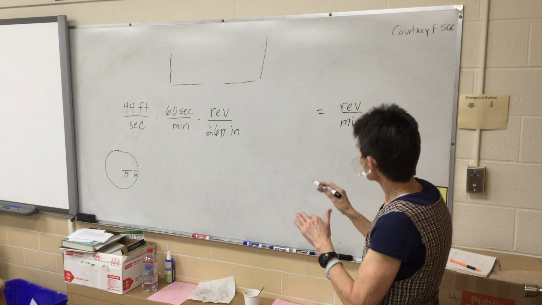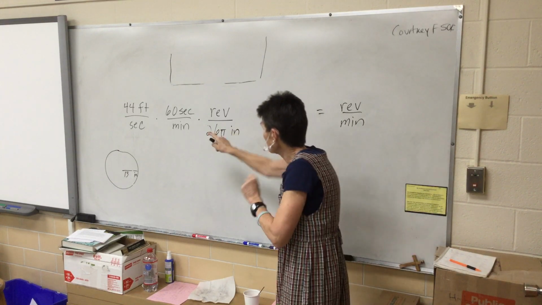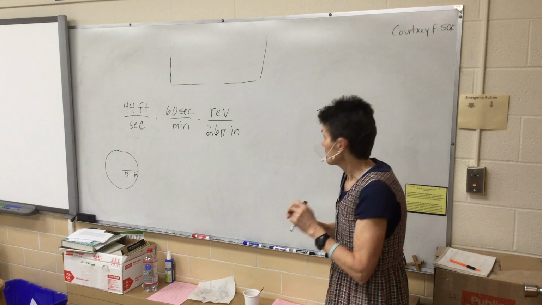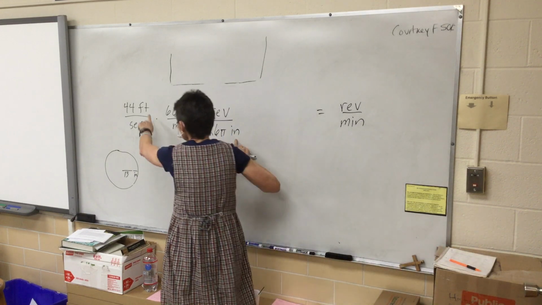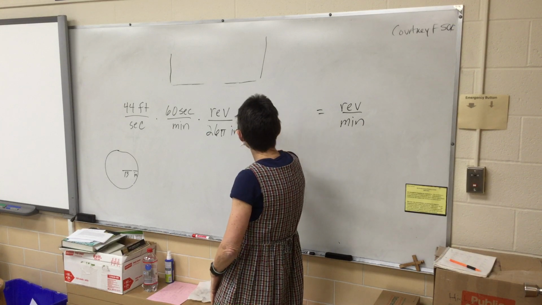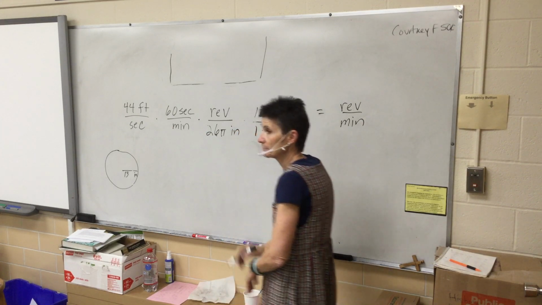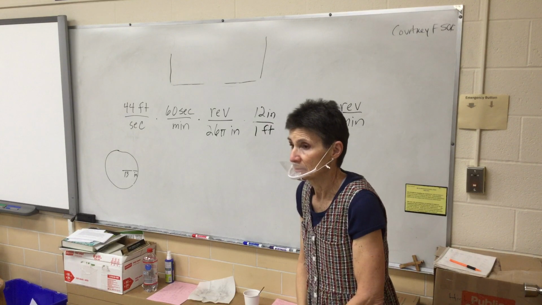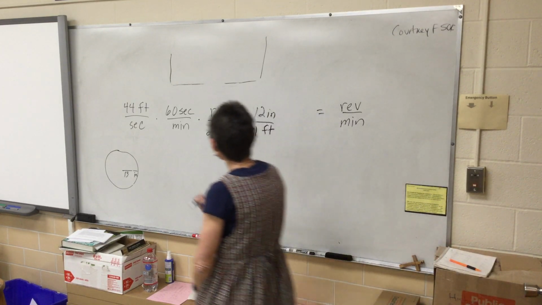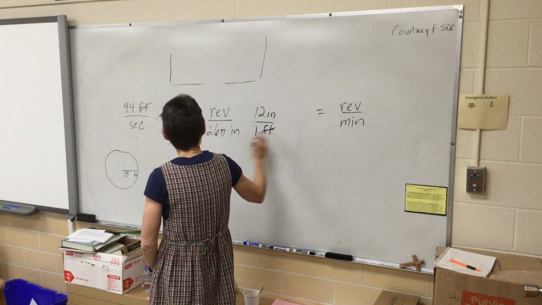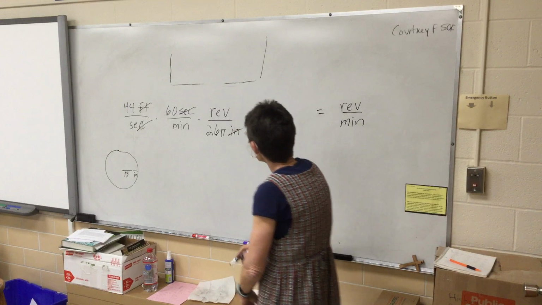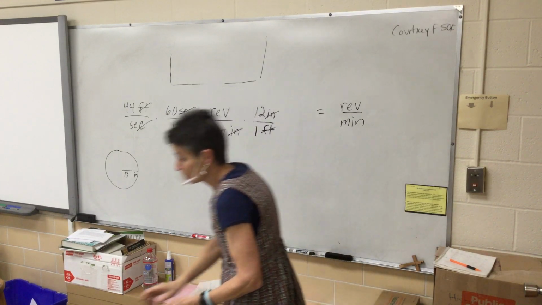Now, you might think, oh, great, I have revolutions on top and minutes on the bottom, but wait, not everything's canceled, has it? So now we got to make sure these inches and feet cancel, but that's easy because 12 inches makes 1 foot. And now everything's gone. The feet are gone, the seconds are gone, the inches are gone, and all we have left is revolutions per minute.